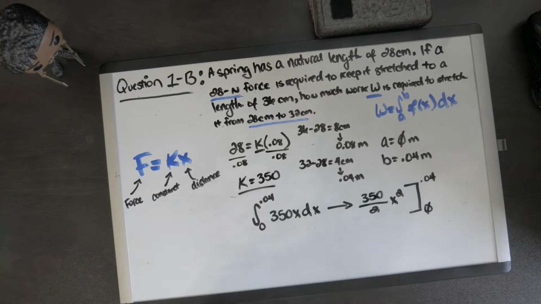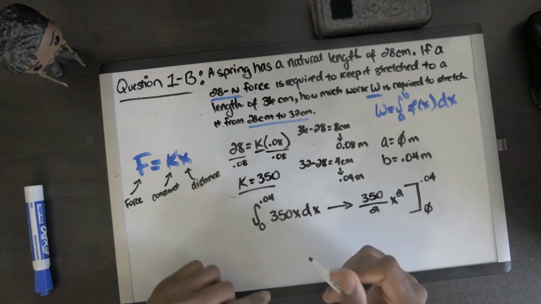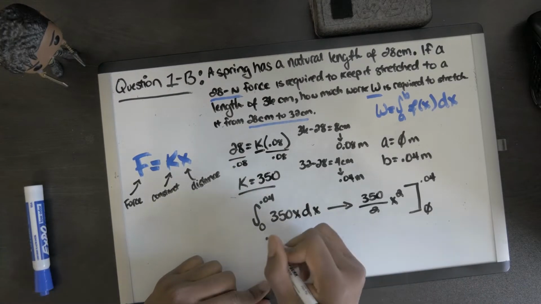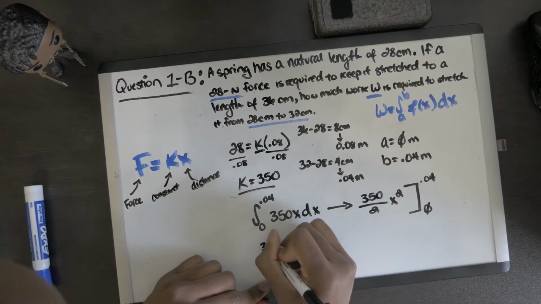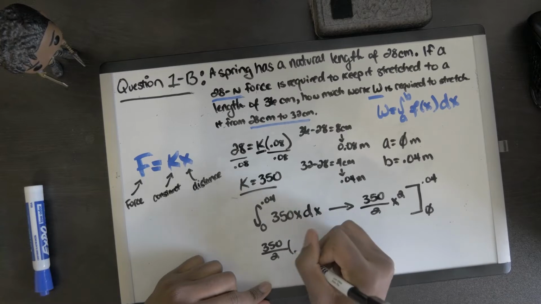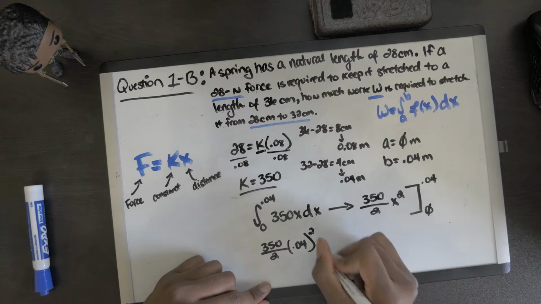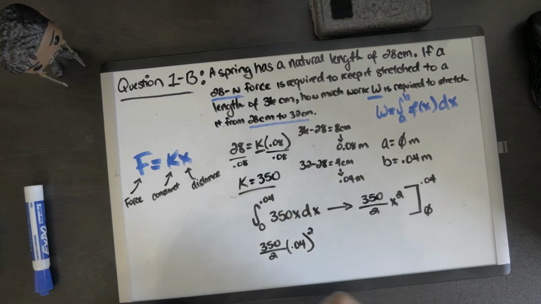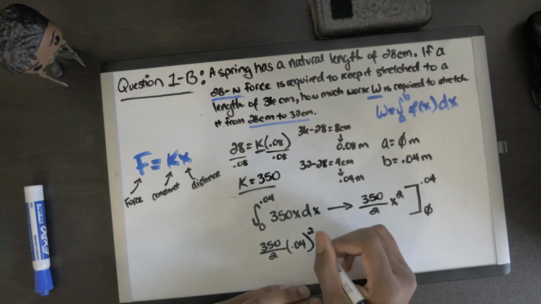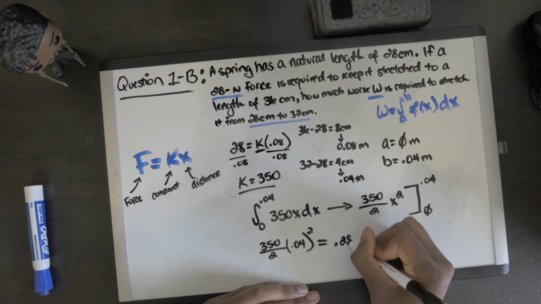So now when we go ahead and plug that in, give me one moment. I'll go ahead and find out what that is here. So what that's going to do is bring us down to 350 over 2 times 0.04 squared. All right. And then, of course, when we go ahead and calculate the value of that, that's going to give us the total of 0.28.